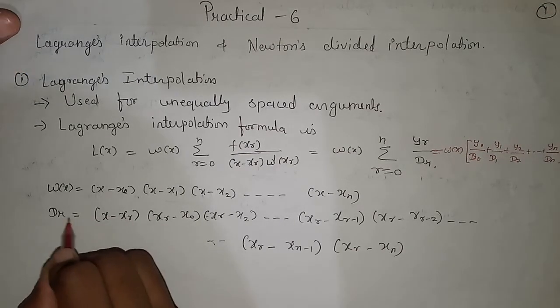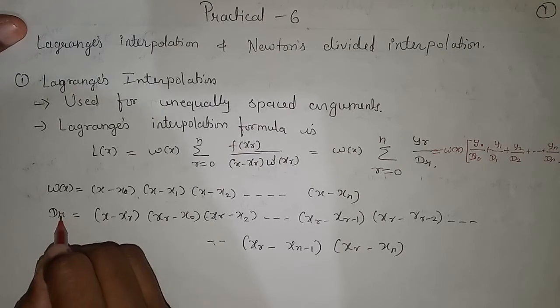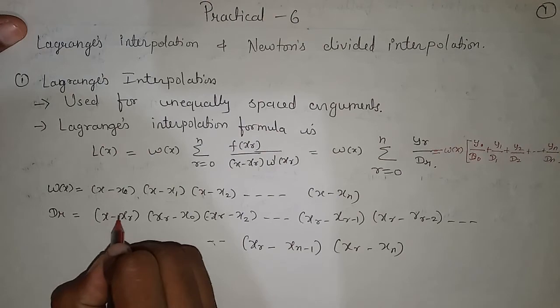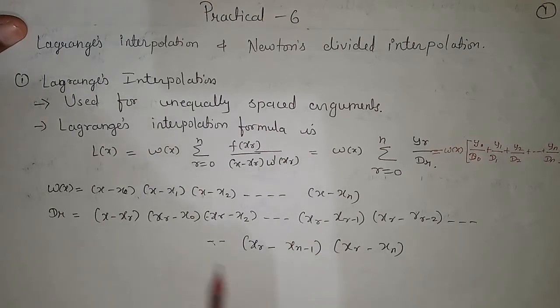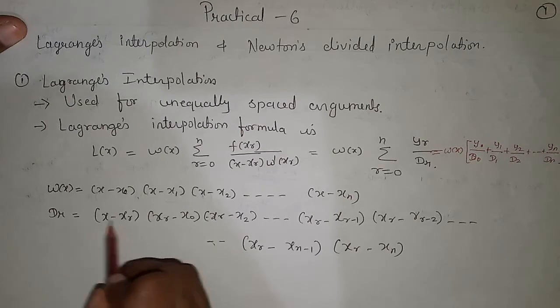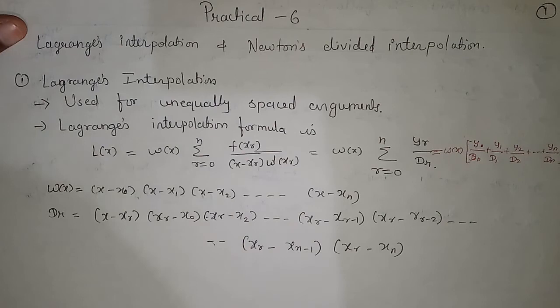If we are calculating d0, we subtract x minus x0; for d1, we use x minus x1; for d2, x minus x2, and the remaining arguments are subtracted from x1 in the case of d1. This we will understand easily with the help of a question.